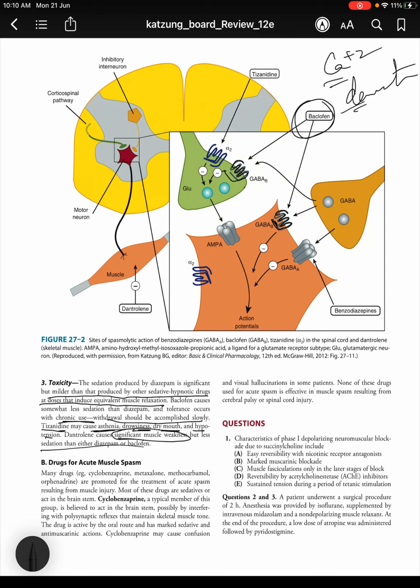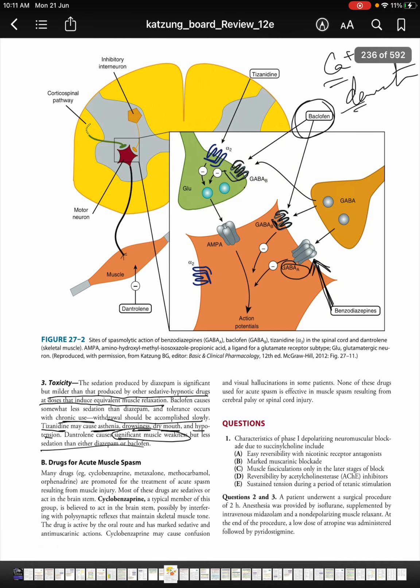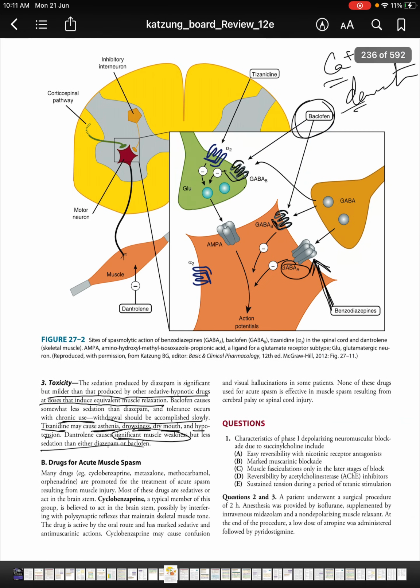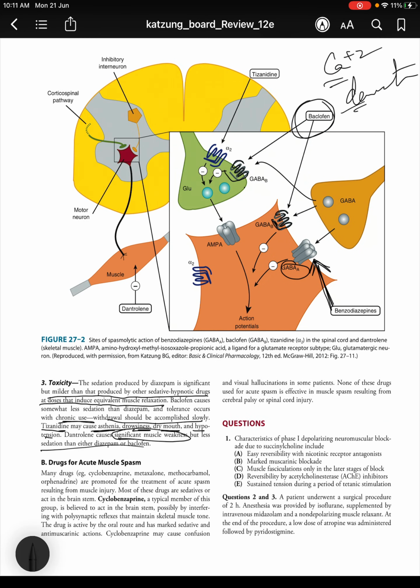Whereas coming to benzodiazepines, they enhance the effects of GABA on GABA A receptors. And tizanidine acts like clonidine, and it reinforces presynaptic inhibition.